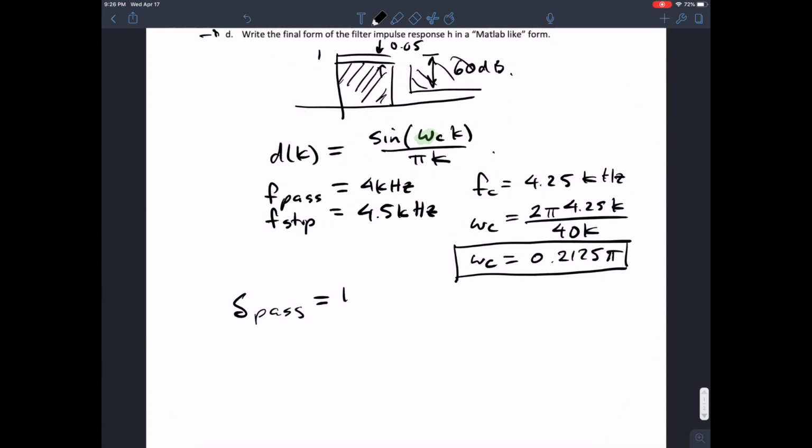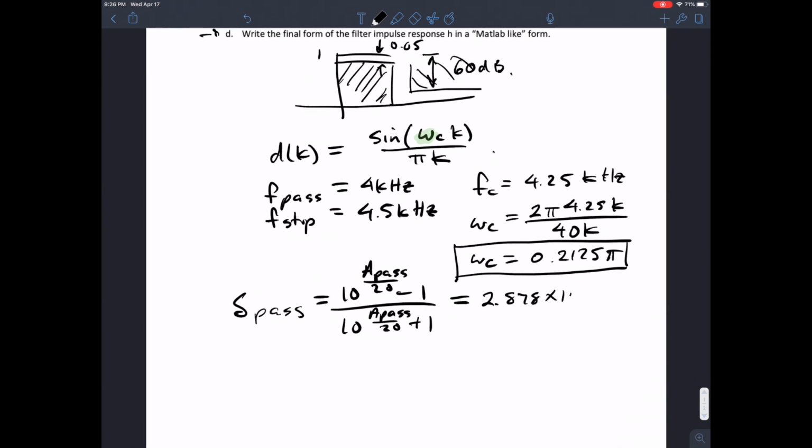Delta pass is (10 to the A pass spec divided by 20 minus 1) over (10 to the A pass divided by 20 plus 1). It's just a formula that we talked about in class. You get a number there, 2.878 times 10 to the minus third. So you write down delta pass.